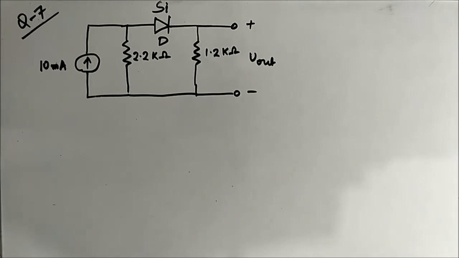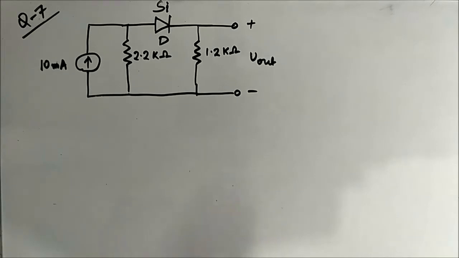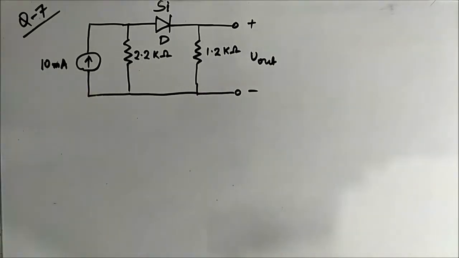So this is the 7th question that we are going to discuss on diode connections. We have this circuit here which consists of a 10 milliampere independent current source, two resistors, 2.2 kilo ohm and 1.2 kilo ohm, and a silicon diode.